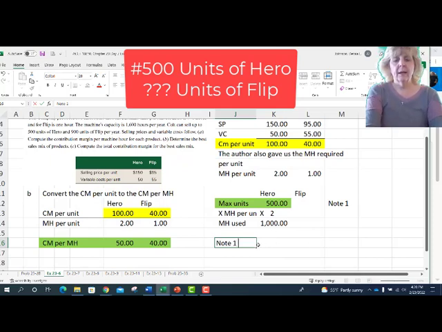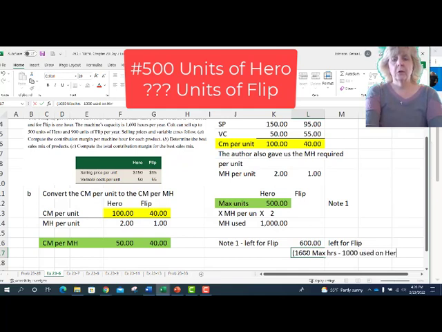So then what is left for Flip would be the 1,000 hours taken up by Hero, subtracted from the 1,600 hours that the machine will run. So 600 hours are left for Flip. And if you want to leave a note on how you got that, that was the 1,600 maximum hours less the 1,000 used on Hero. That's how we came up with that.